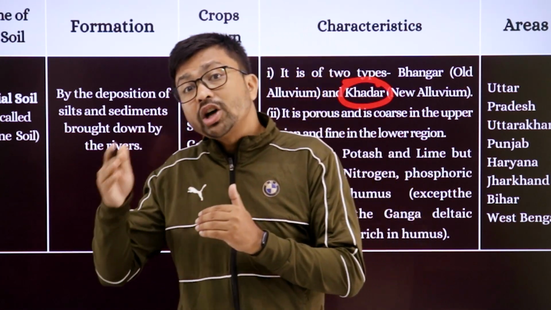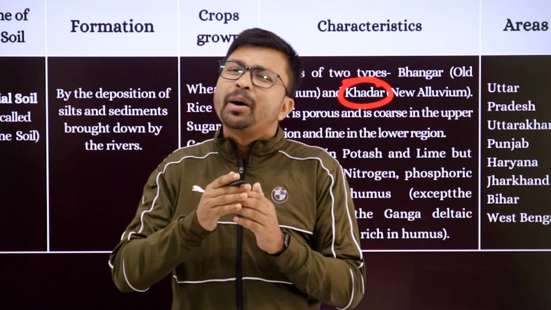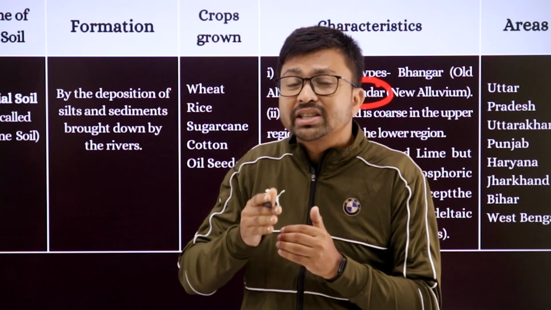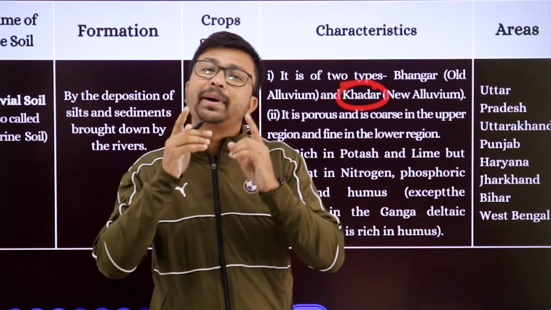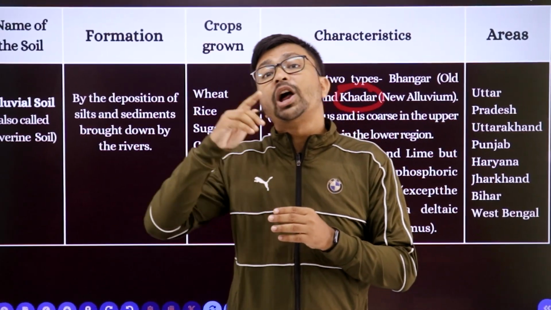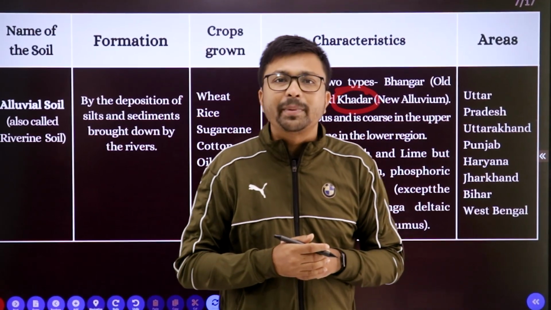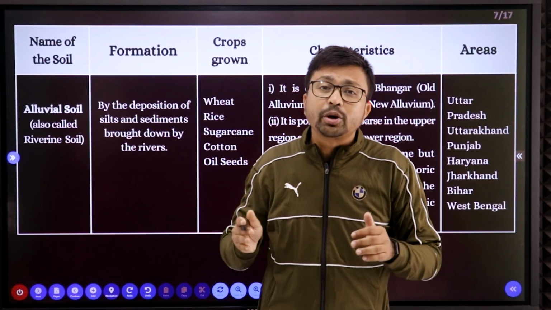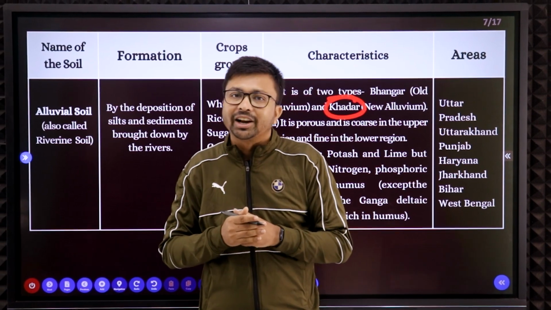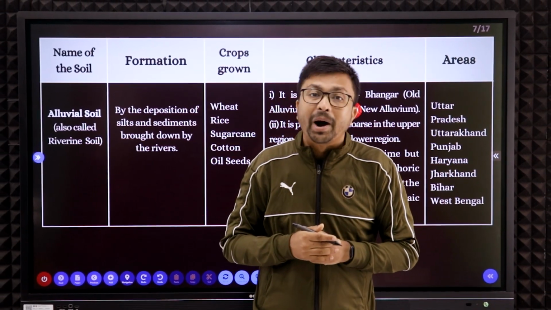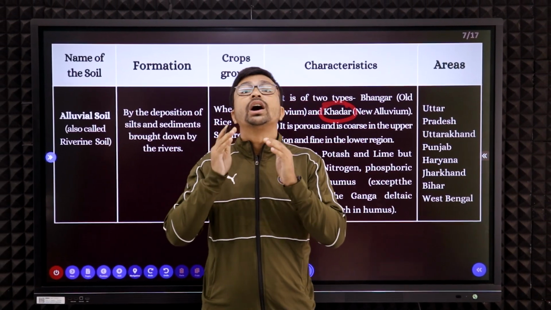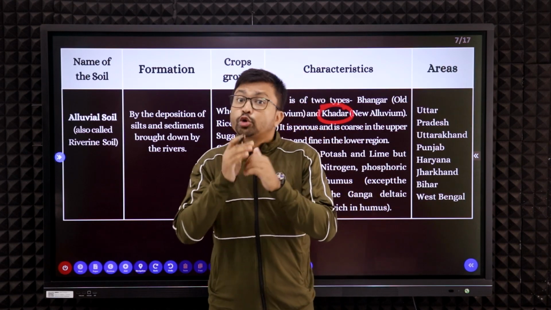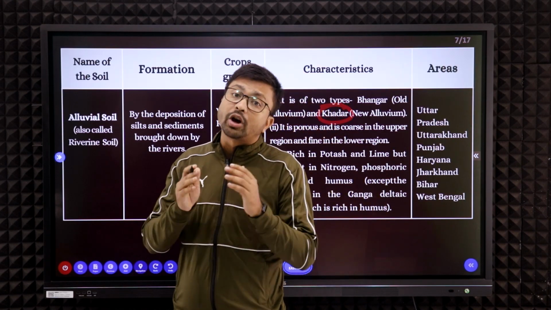The area far away from the river does not get sediments every year, so it is not replenished by new sediments every year. Comparatively, those areas are not so fertile as the khadar. That area is called bhangar. There we get much more kankar. So these are the 2 main types of alluvial soil.